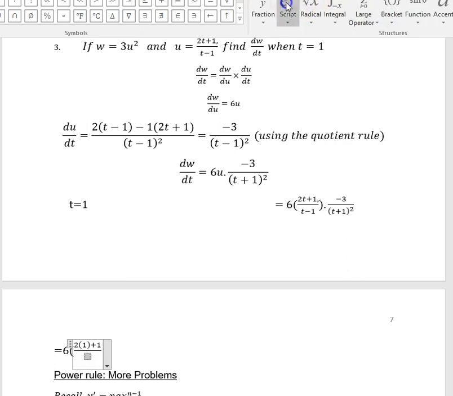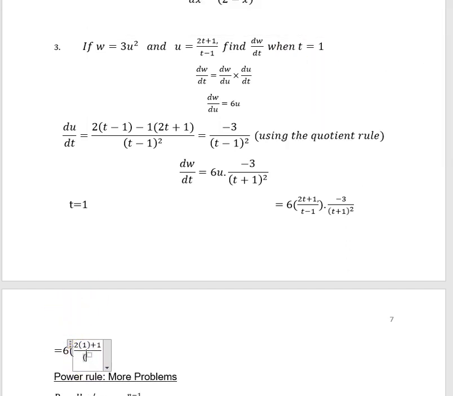Now don't forget this is to be multiplied by minus 3 over (t minus 1) squared.